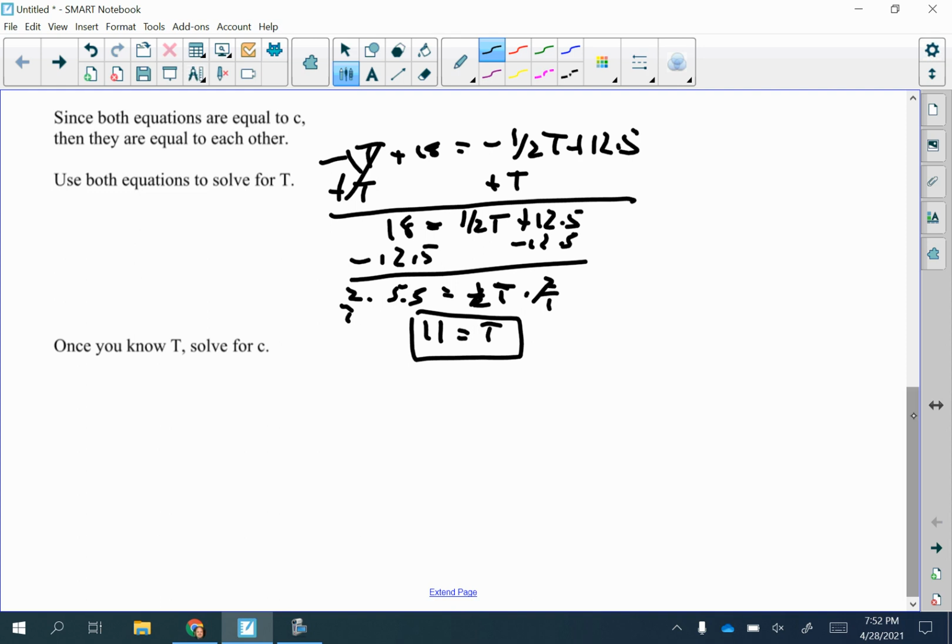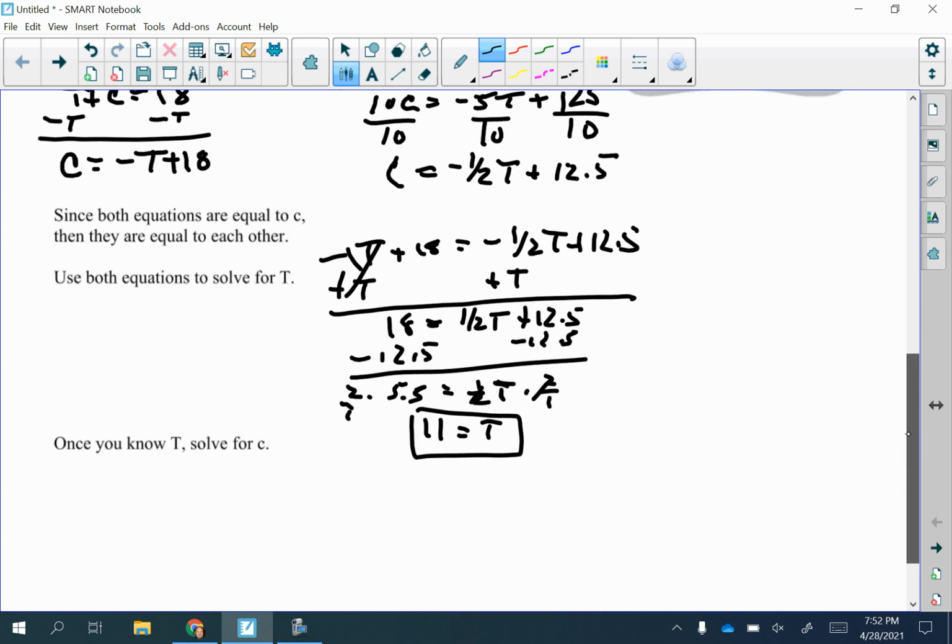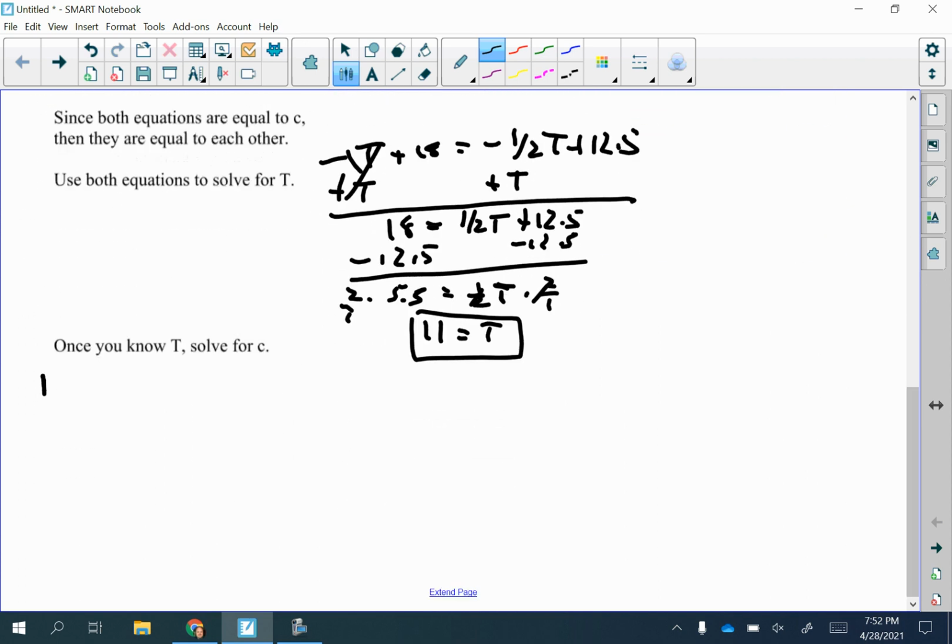So if I can go back up to one of the original equations, let's use this one, and we're going to plug 11 in for t and solve for c. So when I subtract 11 from both sides, c equals 7. So I will have the coordinate 11, 7.